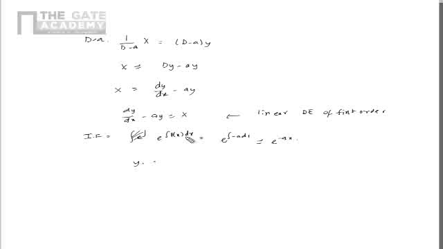And the solution is y times the integrating factor equals the integral of Q times the integrating factor dx plus some constant. Now Q is here capital X, the integrating factor is e^(-ax), plus c. So I can write this as y e^(-ax).